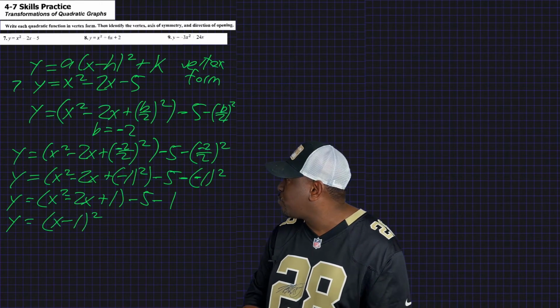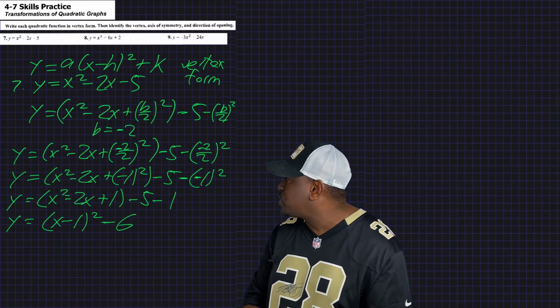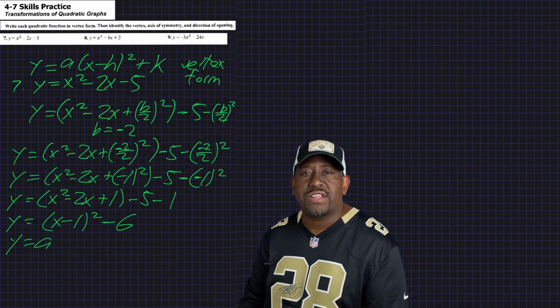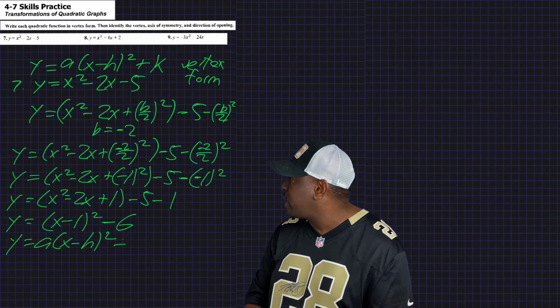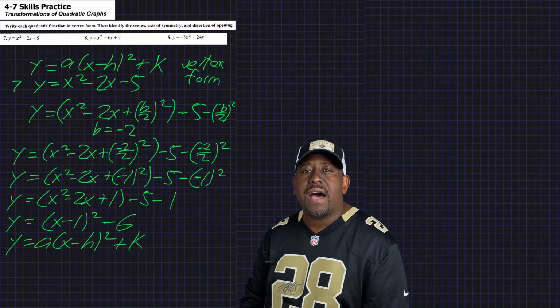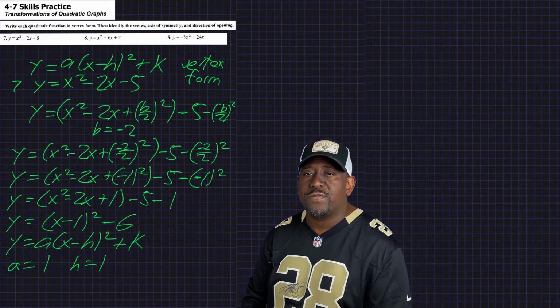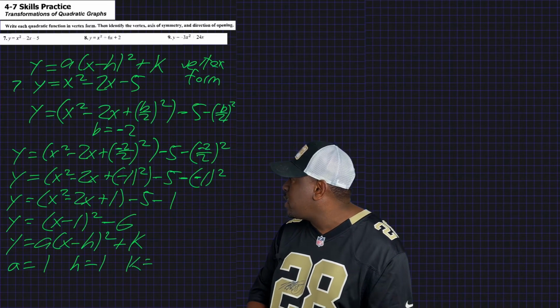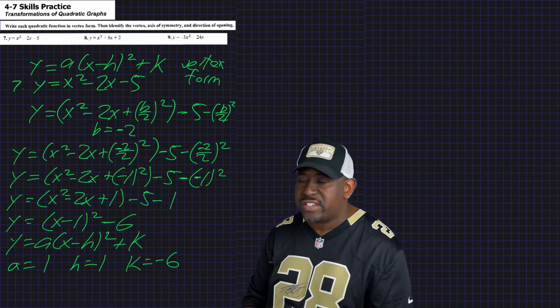Now we can write this as a binomial squared: x minus 1 squared. We combine negative 1 and negative 5, which gives us negative 6. And now we have it in vertex form. The NOLA Mathman shows that by putting the general form of the vertex form below our finished product. We're now able to pull out the values a, h, and k.